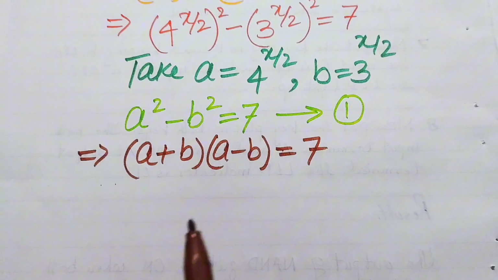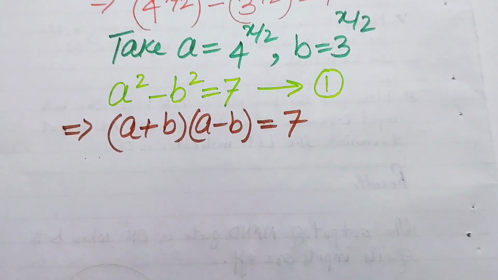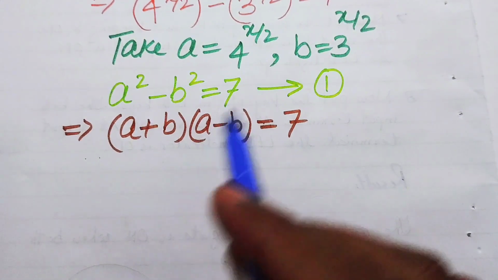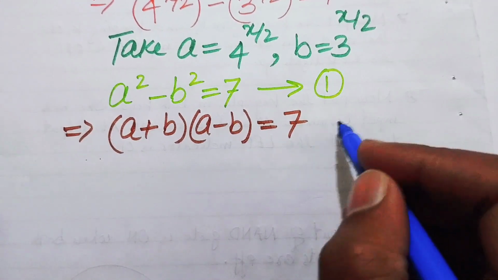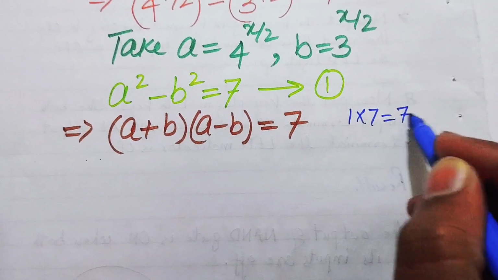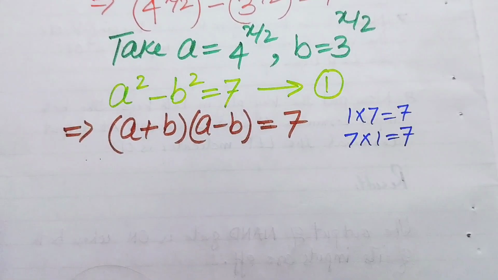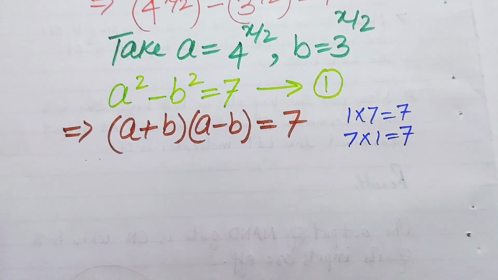So we write 7 as a product of two factors, and we have two possibilities: 1 multiplied by 7 equals 7, and 7 multiplied by 1 equals 7.